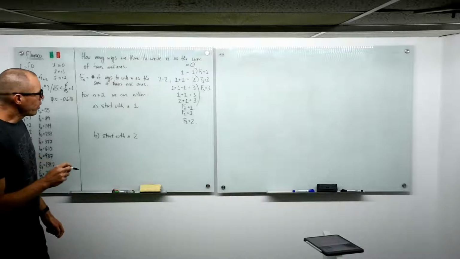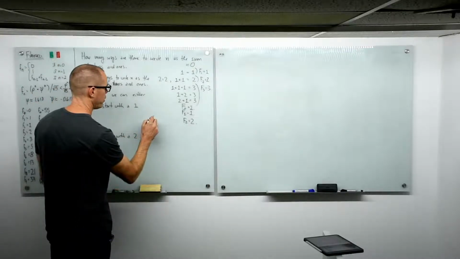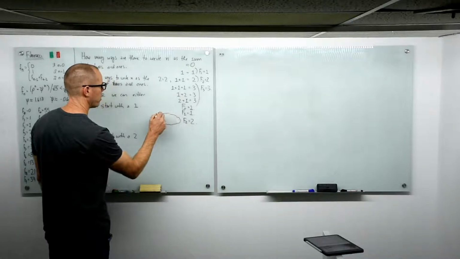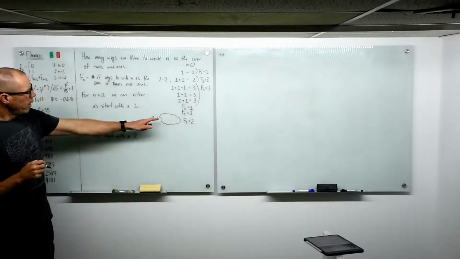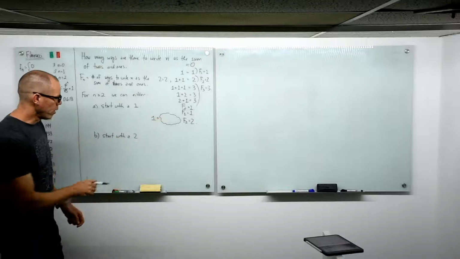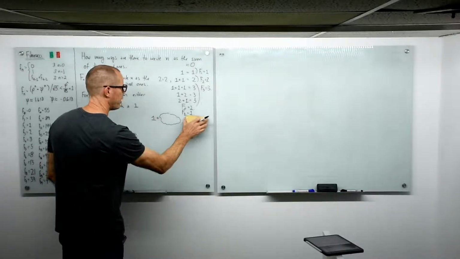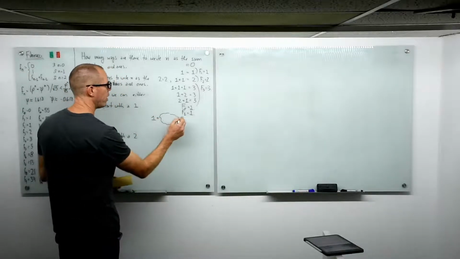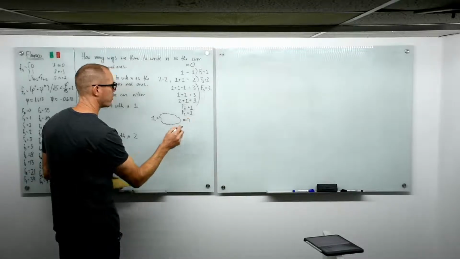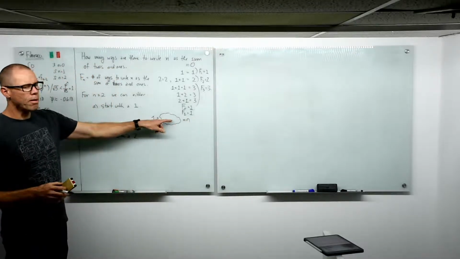So if I start with a 1, then it's going to be 1 plus something, and it's supposed to add up to n. Well, what is this something?